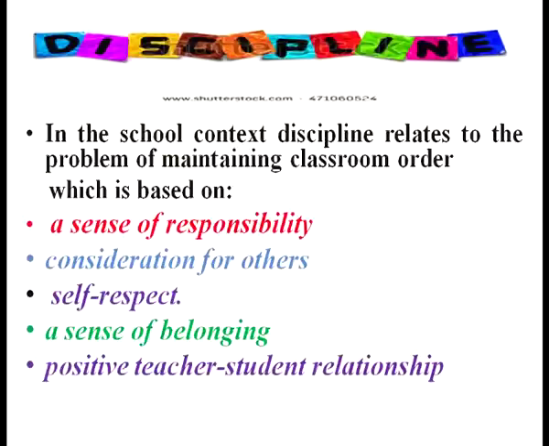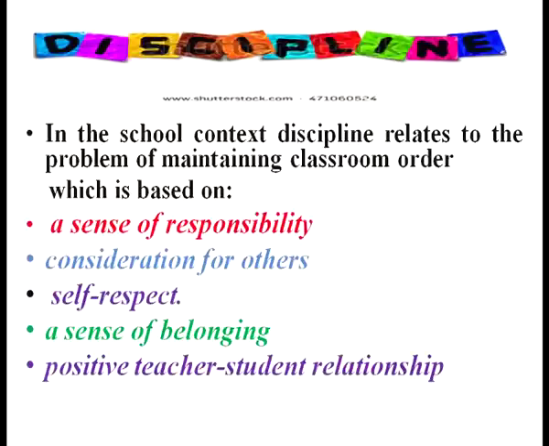So, in the school context, discipline relates to the problem of maintaining classroom order, which is based on a sense of responsibility. The student should have a sense of responsibility for the classroom jobs or for his own studies. Consideration for others: the student should take care of others also.